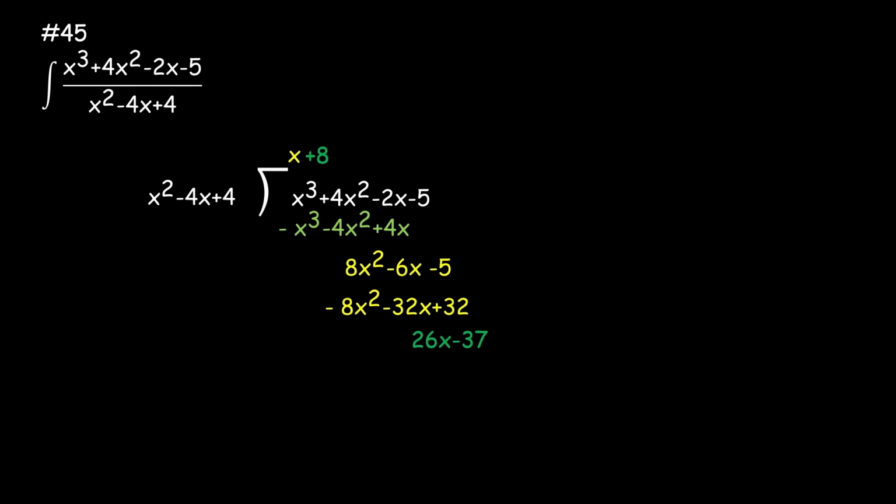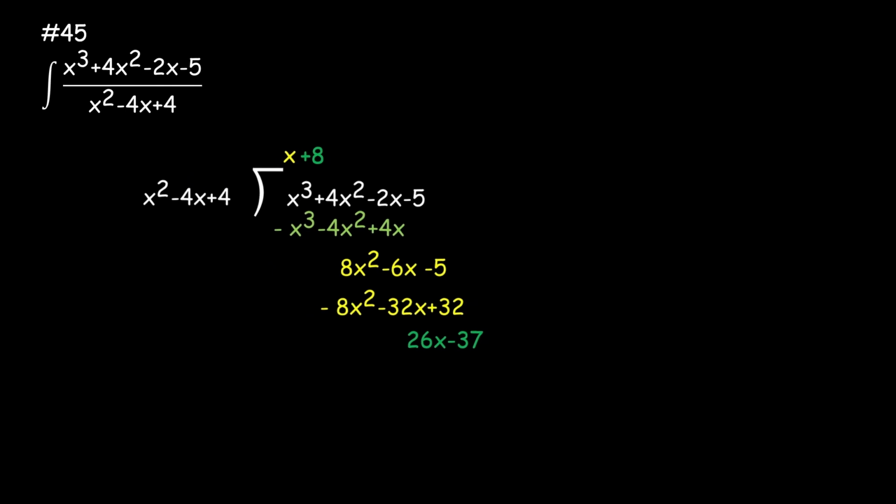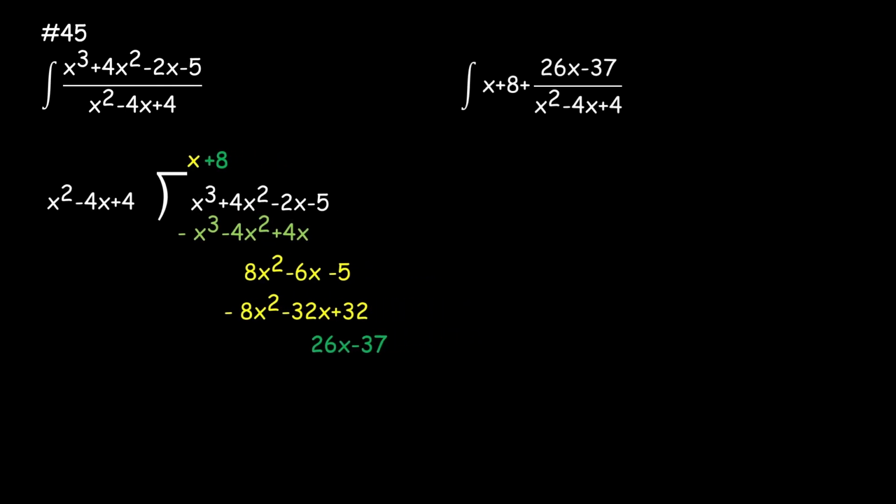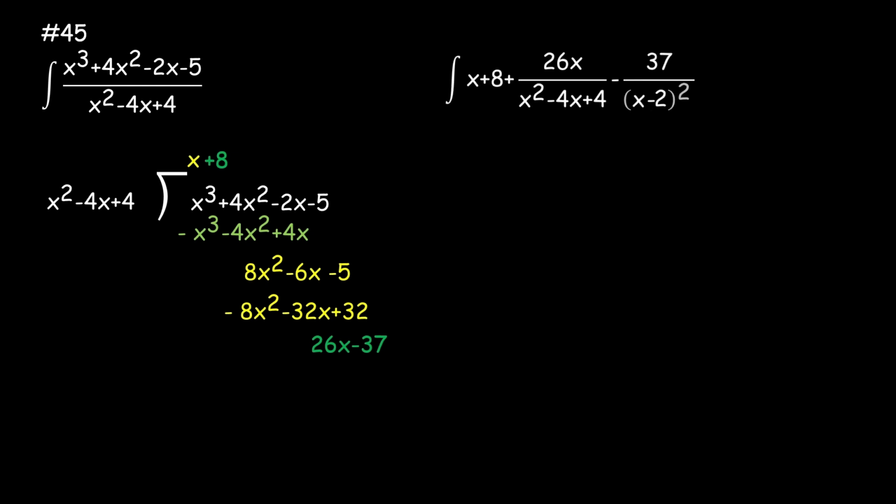So we go ahead and we substitute this into our original question, just like so. And then we can actually separate these two to have different denominators. Okay, the denominator for the last term can actually change to x minus 2 all squared using factorization.